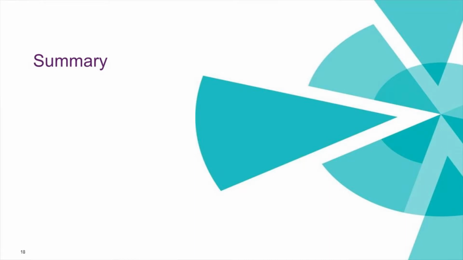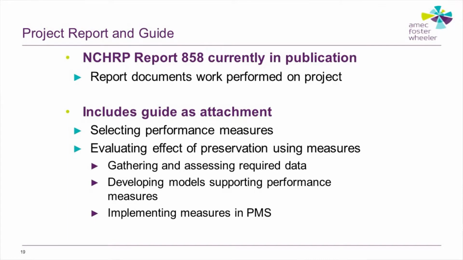But let me go to some of the major findings from the study. Well, first, I should note that the project was completed earlier this year. It's going to be published as NCHRP Report 858, which is under publication at the moment.